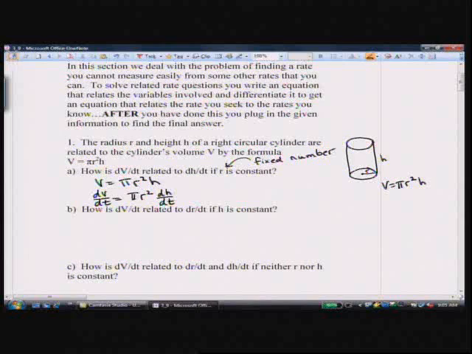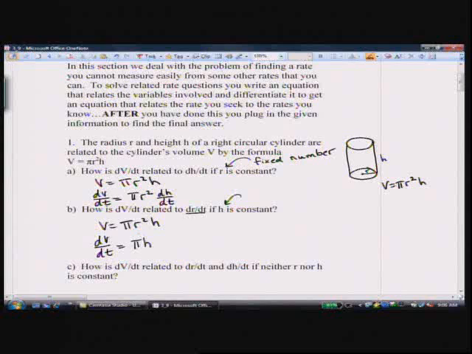Now it says, how is dV/dt related to dr/dt if h is constant? So now we're going to think of h as the number. You're still going to have V equals pi r squared h, but for dV/dt, this h tags along with the pi because it's constant. So you could say pi h.